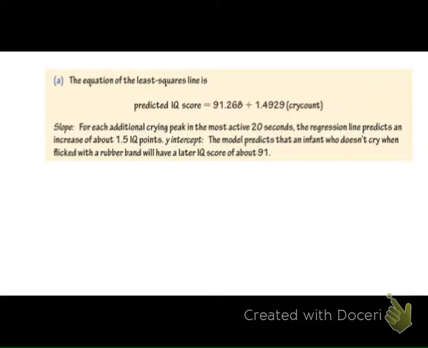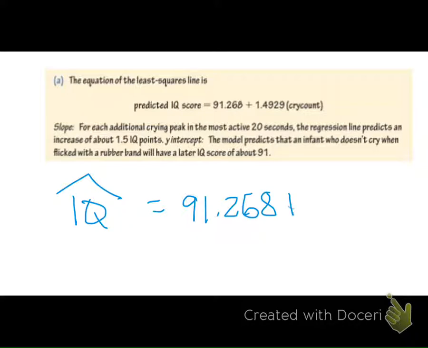You certainly could have written that as predicted IQ. That would be an okay way to do that. You don't have to write predicted. You can always use the hat, IQ hat, and that is 91.268 plus 1.49 cry count.